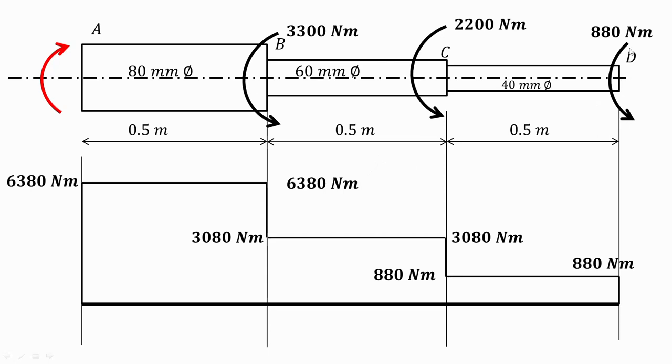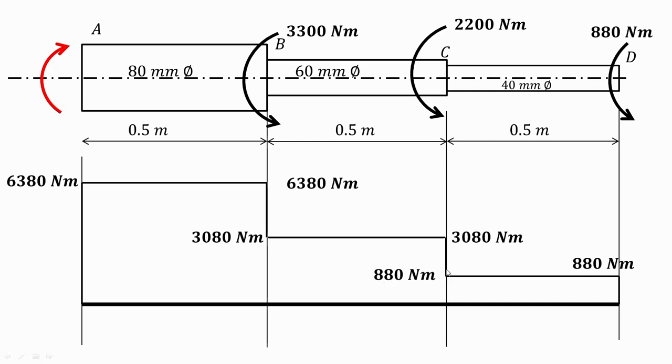At point D there is an anti-clockwise torque of 880 Newton meter. So you can see this line of 880 Newton meter will remain the same just to the right of C. But exactly at C there will suddenly be a torque of 220 Newton meter added to this 880.